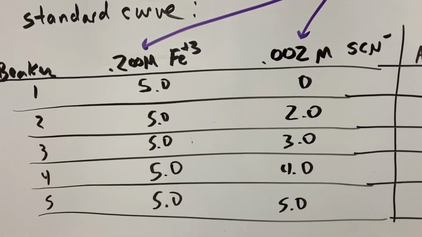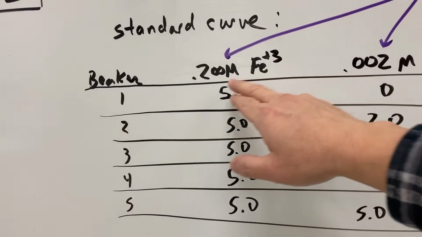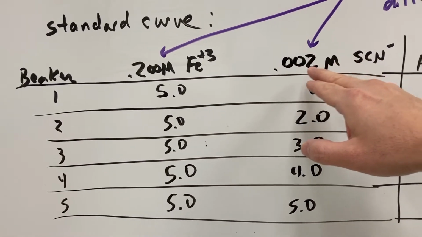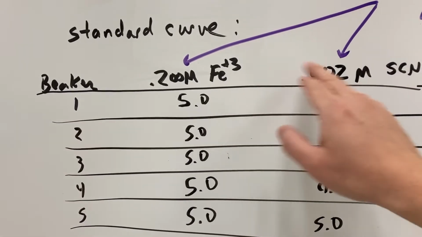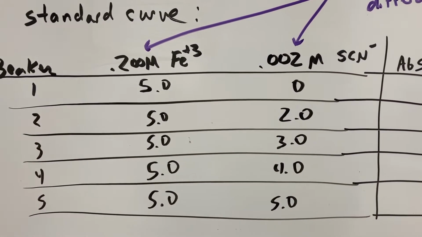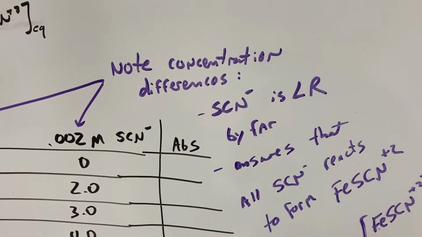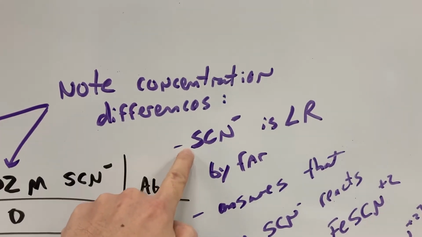So here we have iron in 0.2 molar and thiocyanate in 0.002 molar. Notice that the iron is 100 times the concentration of the thiocyanate. And the reason for that is we want to ensure that the thiocyanate is going to be the limiting reactant.